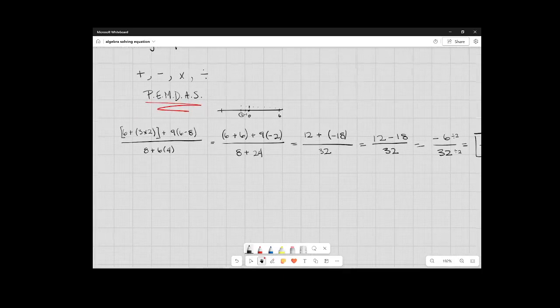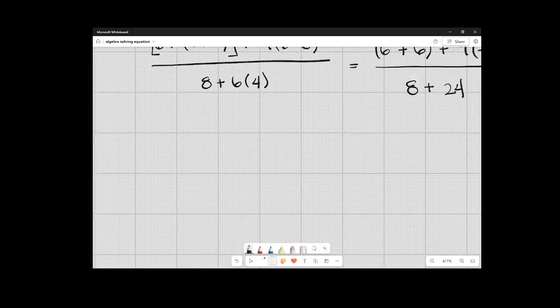All right, so now let's get to solving equations here now that we have a good idea on the order of operations. What I want to do is give an equation, and an equation is indicated by having this equal sign. 2x equals 18, right?